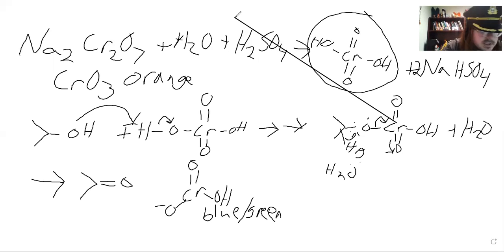So it's a good way to test for this. There's actually a chromic acid test that will test for oxidizable alcohols. So if you mix in chromate with an alcohol, you'll turn from orange to blue-green, and you can say, oh, yeah, I had alcohol in there. At least the alcohol that can oxidize.